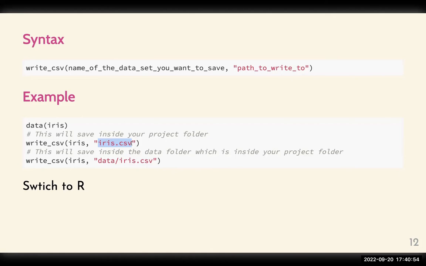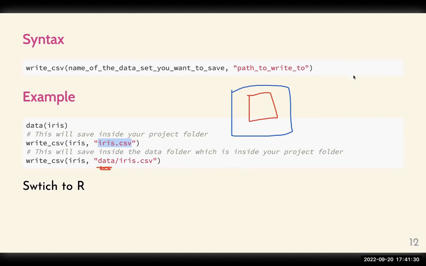Suppose you want to save the iris dataset as a CSV file inside the data folder inside your project folder. In other words, if you look at your project folder, inside that you have a separate folder called data. Now you want to save the iris dataset inside that data folder. This is your project folder, and inside this, I have this data folder.